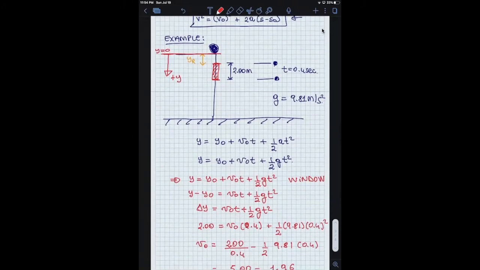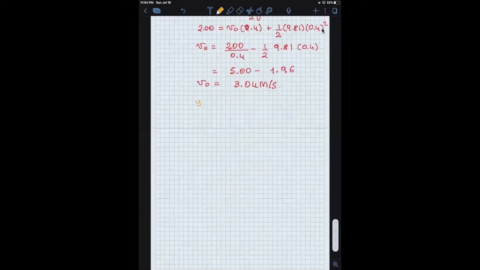Now I'm going to use orange or yellow for the region from the roof to the top of the window. So y is equal to y naught plus v naught t plus 1/2 g t squared. This t in orange is not the same as the t in red.